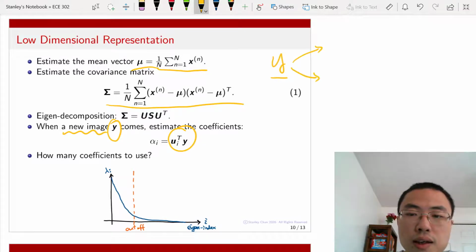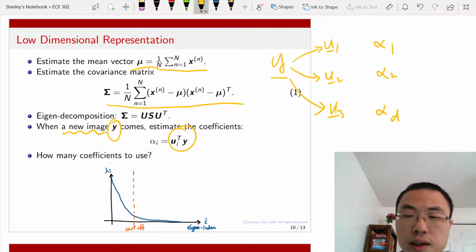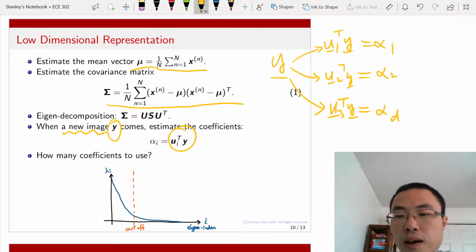I can extract all these alpha 1, alpha 2, up to alpha d for this input data Y using u1, u2, and u3, by taking the transpose of each u times Y. That will give you the coefficients a1 through ad.